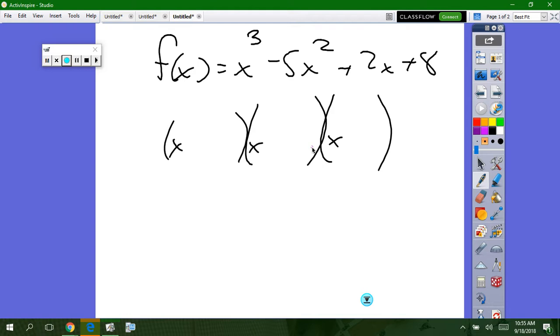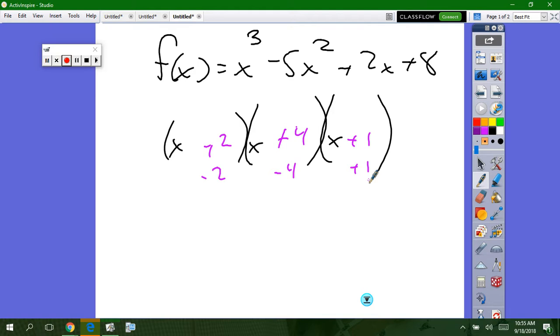Can I have another one? 2, 4, and 1. How about -2, -4, +1? Does that work? What is the key thing? It has to multiply to be 8, the last coefficient.